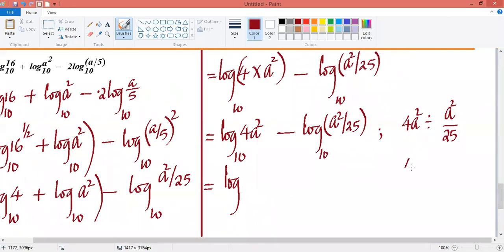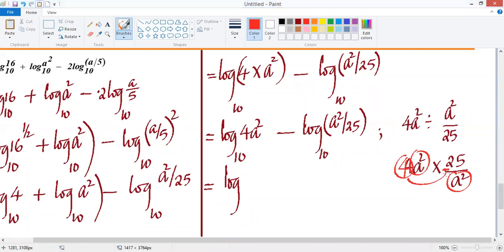That is the same as 4a squared times 25 over a squared. Someone should notice that the a squared will cancel out, giving us 4 times 25, which will be 100 base 10. Do we agree, class? Yes, sir. Good.